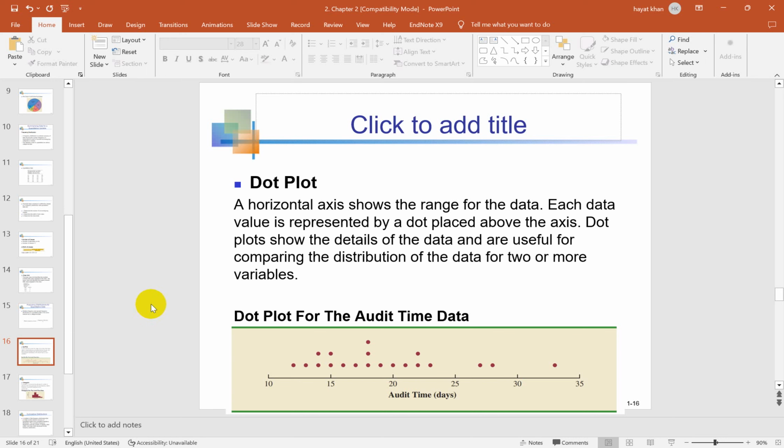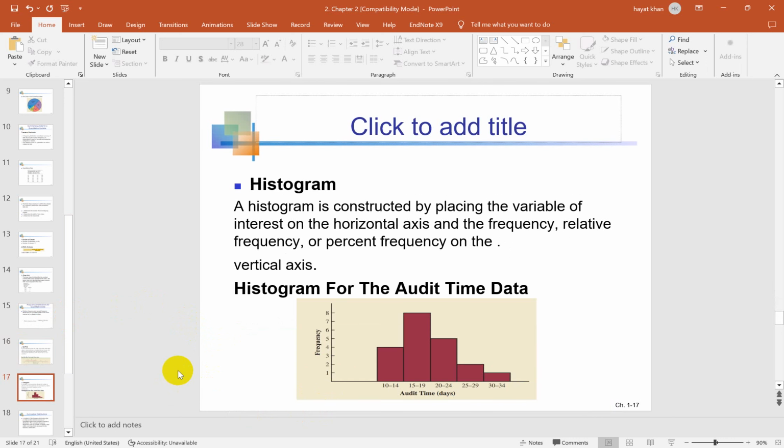Dot plots show the detail of the data and are useful for comparing the distribution of the data for two or more variables. For the same data, audit time in days, here is the dot plot. The histogram for this data is given here. What is a histogram? A histogram is constructed by placing the variable of interest on the horizontal axis and the frequency, relative frequency, or percent frequency on the vertical axis.